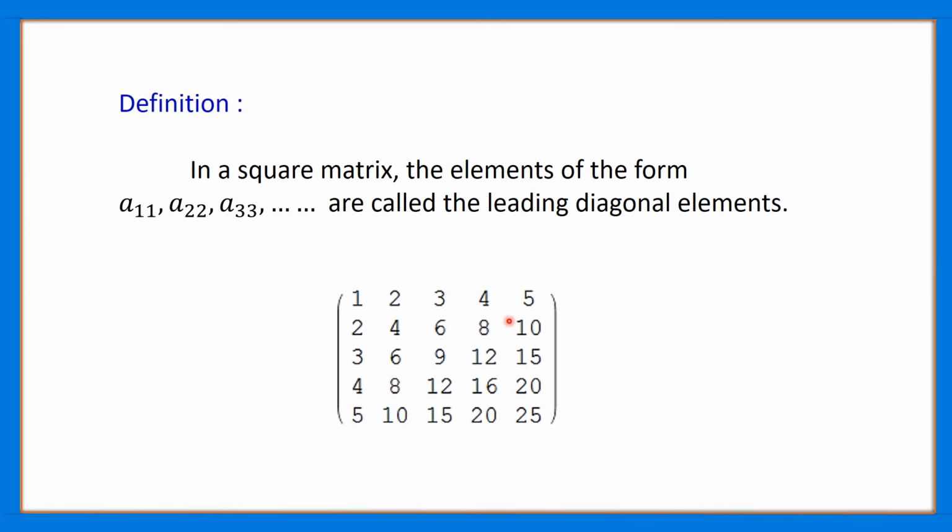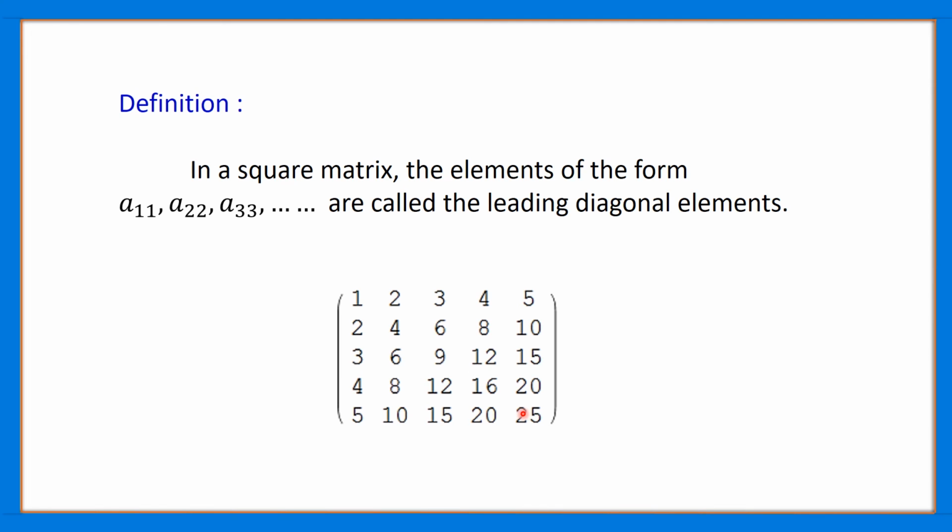When we look at the matrix given here, with rows 1, 2, 3, 4, 5; 2, 4, 6, 8, 10; 3, 6, 9, 12, 15; 4, 8, 12, 16, 20; 5, 10, 15, 20, 25, the leading diagonal elements for this matrix are 1, 4, 9, 16, 25.